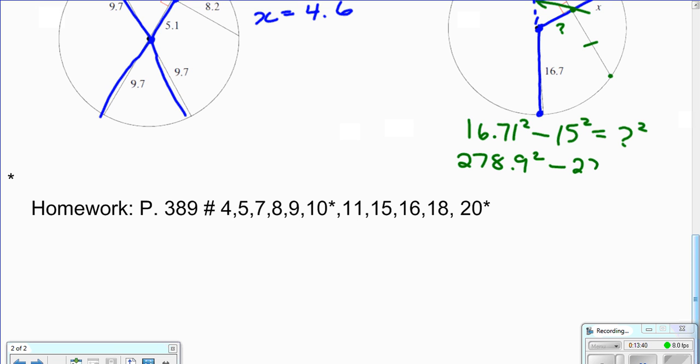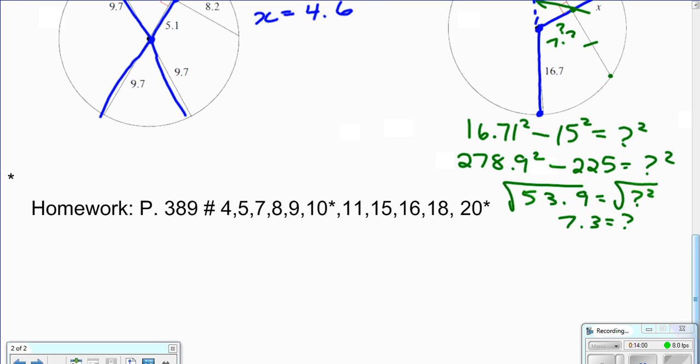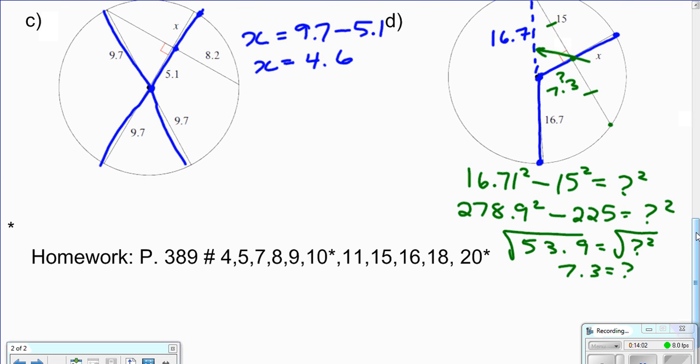Take away 225 equals question mark squared. And when we subtract those, we get 53.9. And so to undo a square, we're going to square root. And so we get a length of 7.3. So this piece is 7.3. So now to find x, we take the radius, which is 16.7, take away the piece that we know, and x is 9.4.